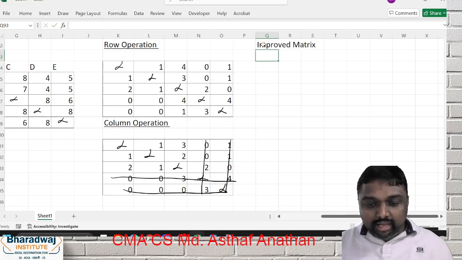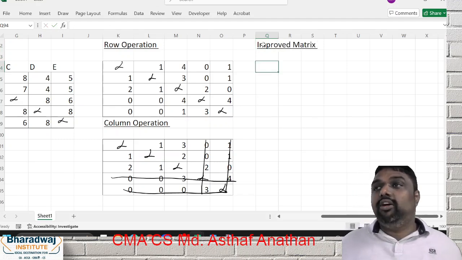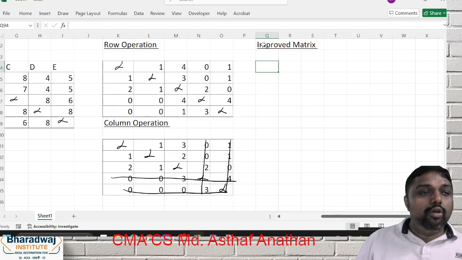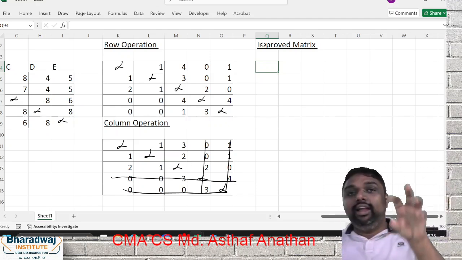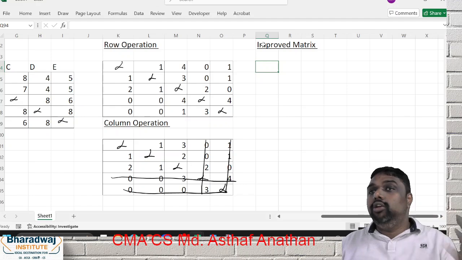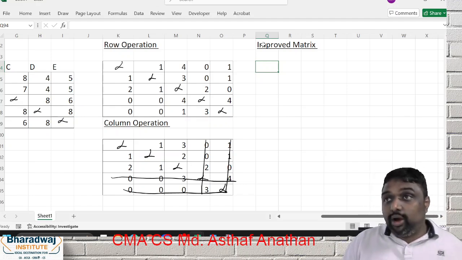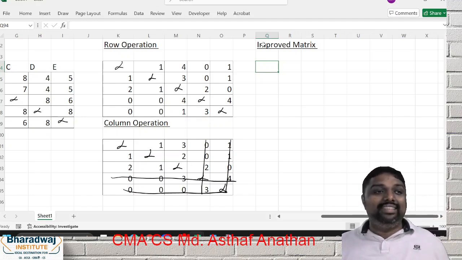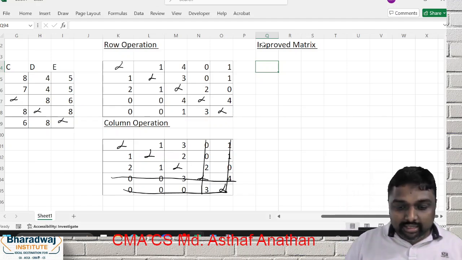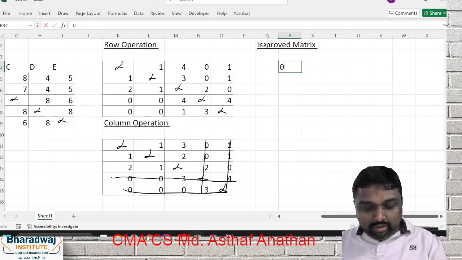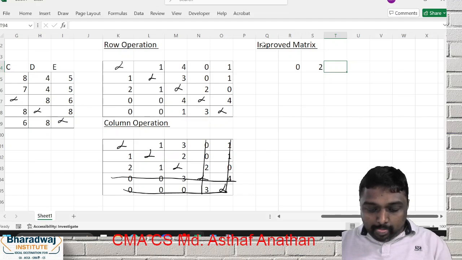We have to go for the improved matrix. Can you recall the concept? In the improved matrix, you uncover the cells, identify the least number, and reduce it from all the uncovered numbers. At the intersection points we add it, and other areas stay as they are. Here we have infinity, which you keep as it is. So 1 minus 1 gives 0; the cells on the lines stay as they are.